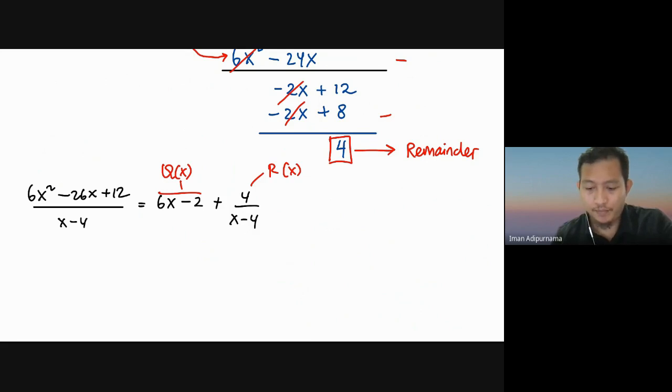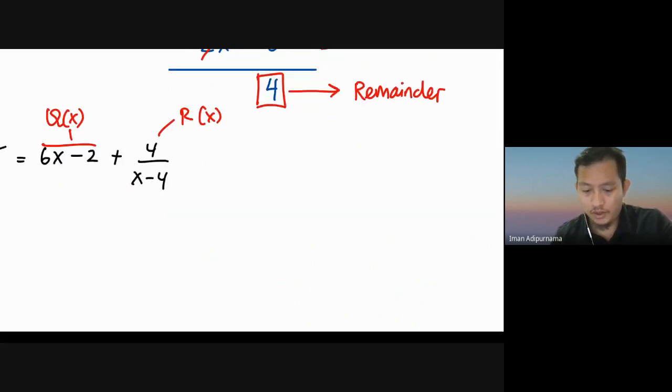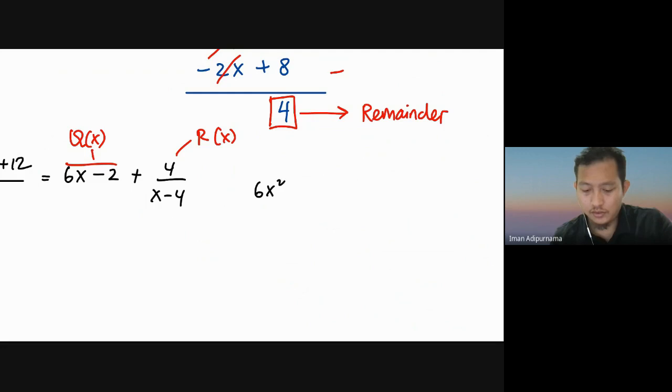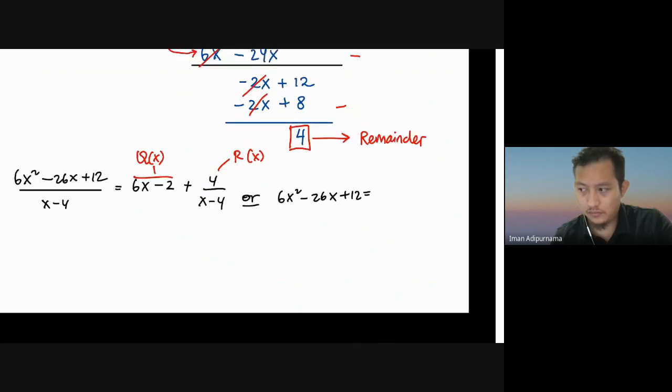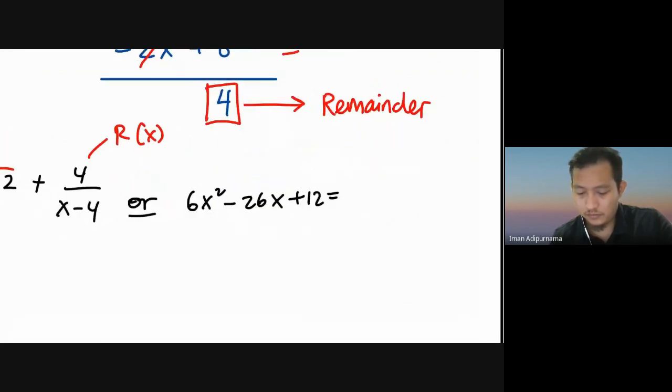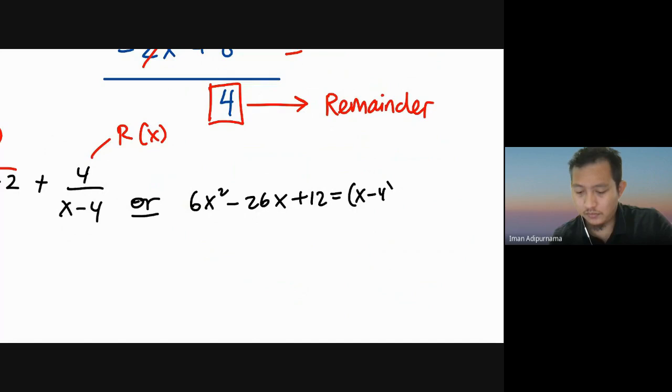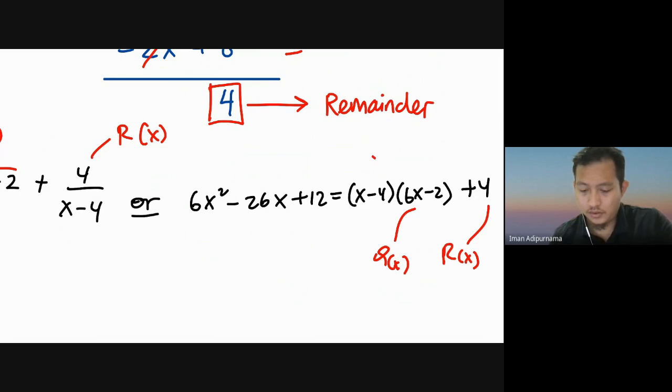Or we can also write it with the remainder here and the quotient here, and this is the divisor, and the dividend.